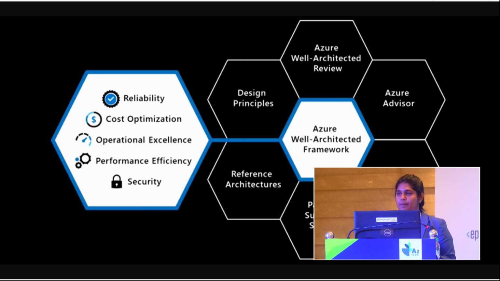Performance efficiency. In comparison to the classic way of building applications, retaining performance efficiency in the cloud is pretty much simple, but we need to take care of this as a parameter as we build the application.